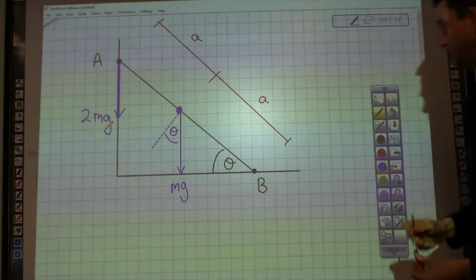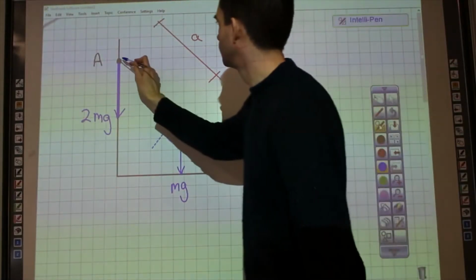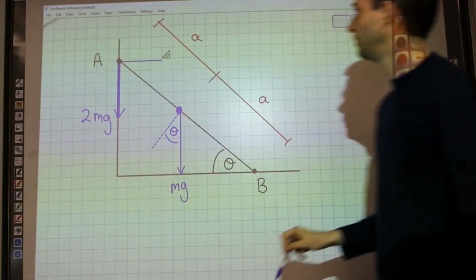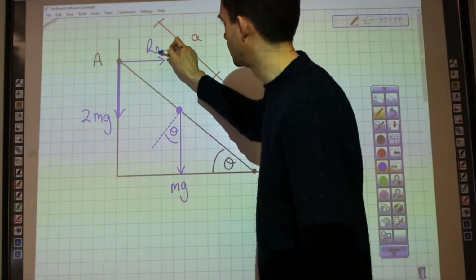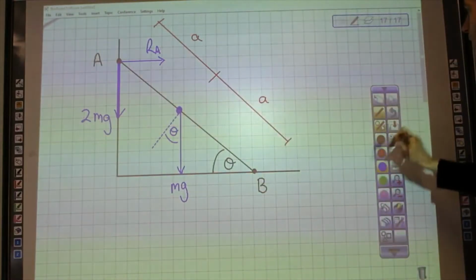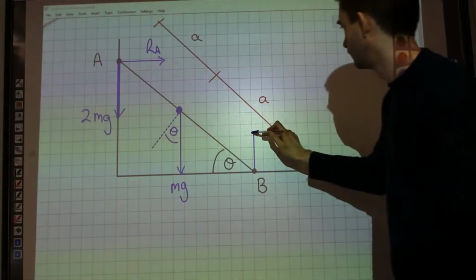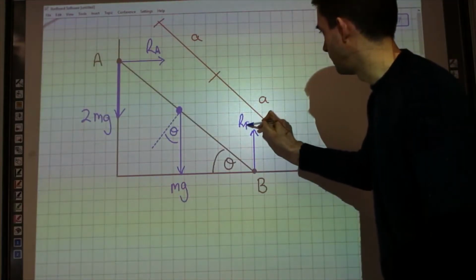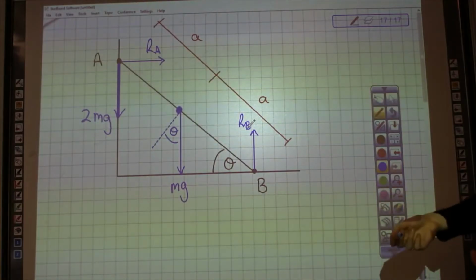Other things that I have to consider. I'm going to have a reaction force at A between the ladder and the wall, so let's label that reaction A. I'm going to have a reaction force at B. Let's call that reaction at B. And I need to consider which direction the friction's going in.